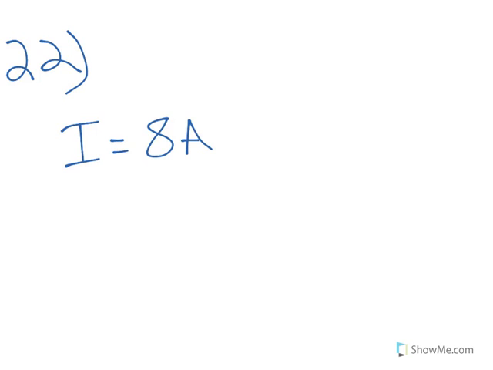22. Base your answer to the following question on the diagram given. The voltage drop across R1 is, so we want to know what the voltage drop across R1 is. We know that the current is 8 amps, and we know that the resistance is 1 ohm.